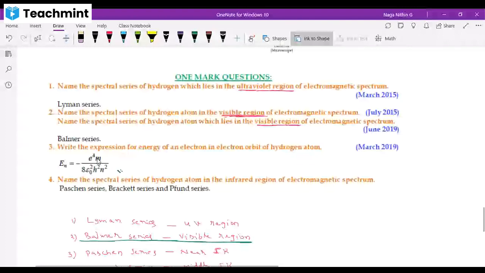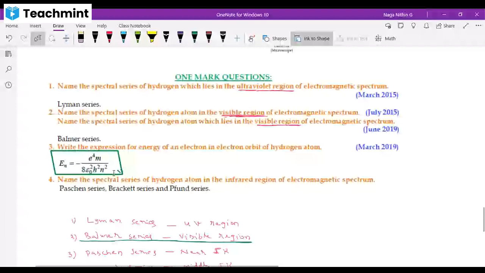Once again we'll draw. The energy of the electron in the hydrogen atom, its value will be minus e to the power 4 into m by 8 epsilon naught square h square n square.